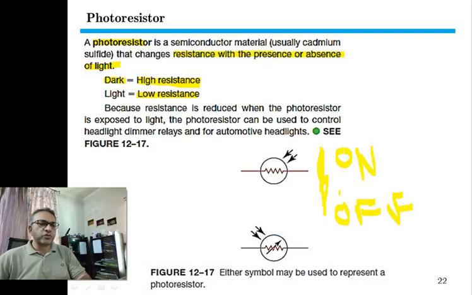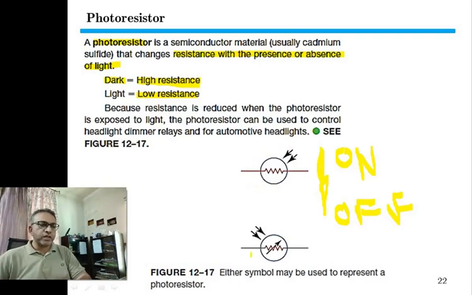When there is no light or less light, the resistance is large and zero or very small current passes, and we say that the photoresistor is off. This is the representation of a binary photoresistor, on and off.